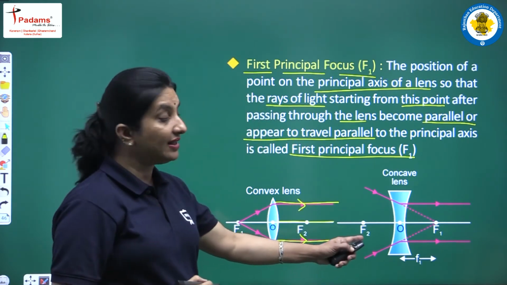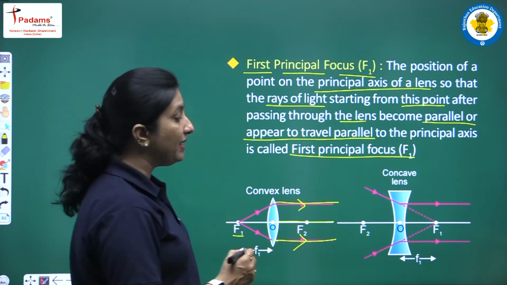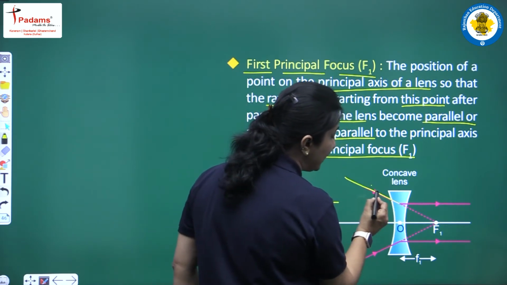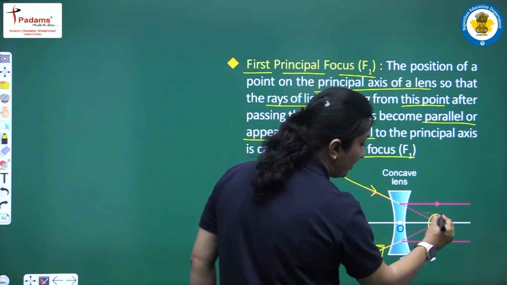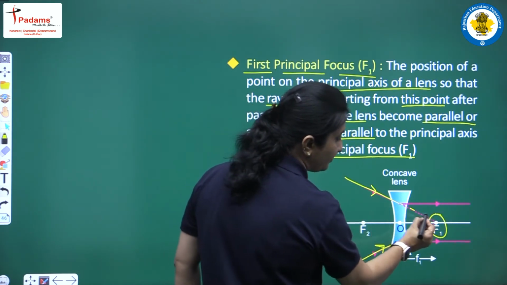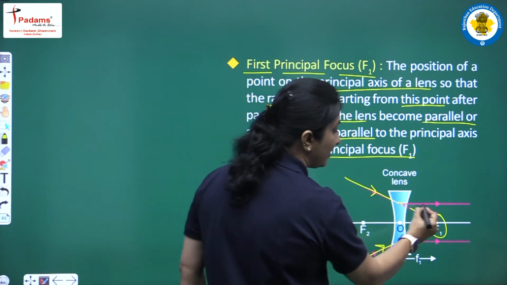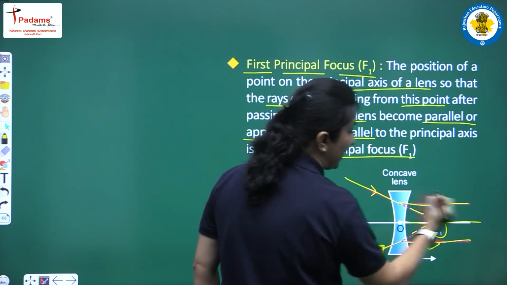Now in the case of a concave lens, again the same definition is applicable. The rays of light which are incident towards this principal focus, after refraction through the lens, come out parallel to the principal axis.